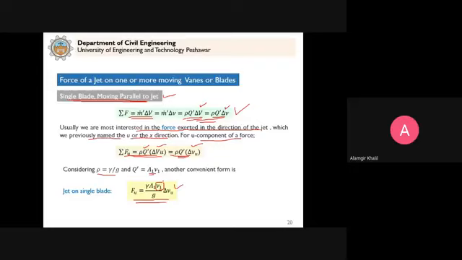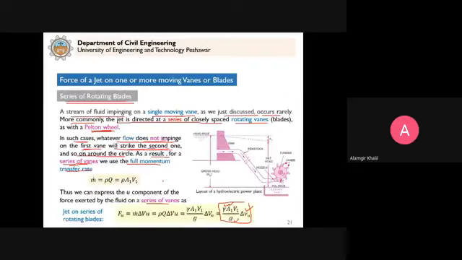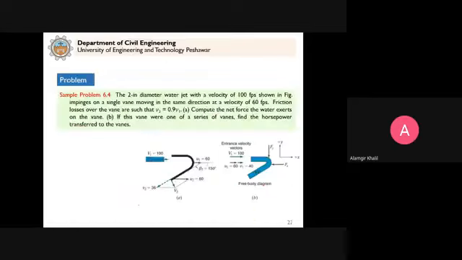But for a series of vanes, it is the same discharge, V1, it is not reduced. So this is how we are able to calculate the force on a single moving vane and on a series of moving vanes. So let us finish this chapter by solving this problem here.